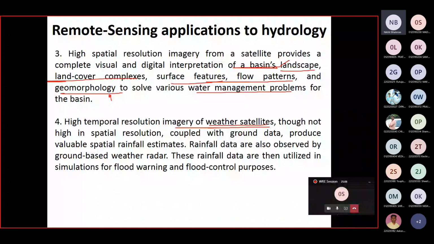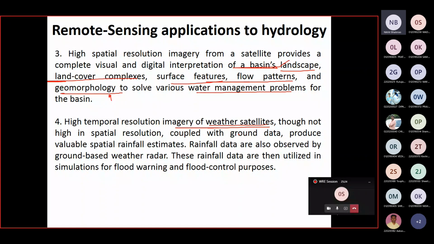That information can be coupled with the actual rainfall data measured on the ground surface, and that will help us in providing valuable spatial rainfall estimations.